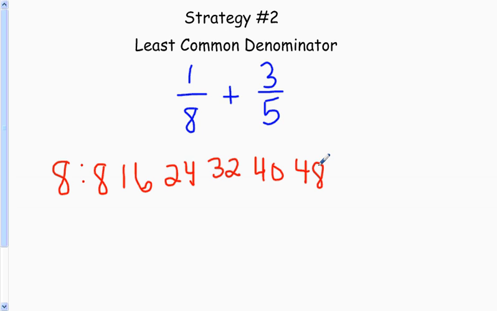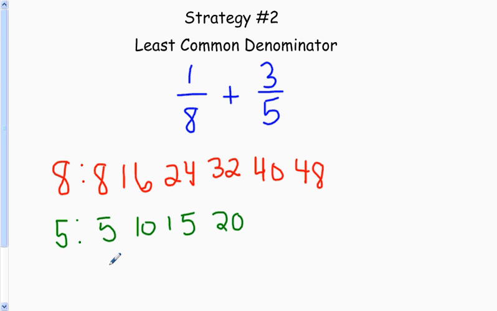Now right now you may be noticing there's a number off the top of your head that when you skip count by 5 you'll say that matches up with a number for 8, but I'm going to go ahead and skip count anyway. 5, 10, 15, 20.